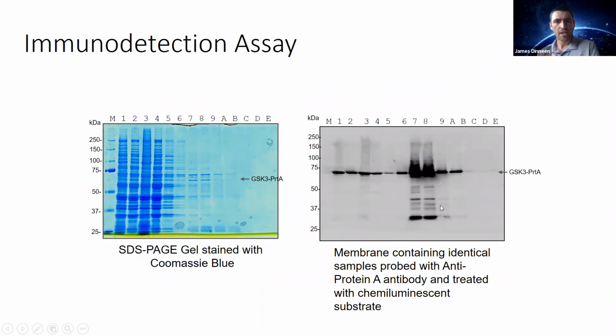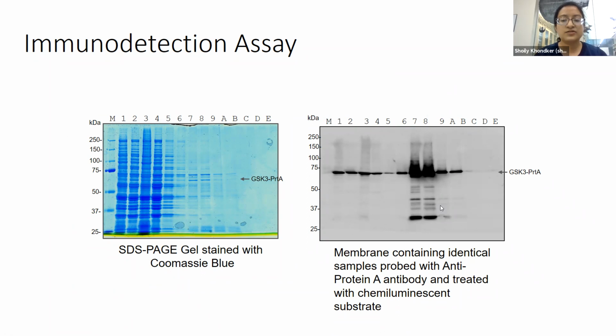Can I just ask you, if you're going to do the immunodetection assay, why do you have to do the gel electrophoresis step? Why couldn't you just do the immunodetection on the stuff that comes out of the columns? So you can in a different type of assay, but the benefit here is that since they're separated by size, you'll also be able to identify the protein based on size as well.